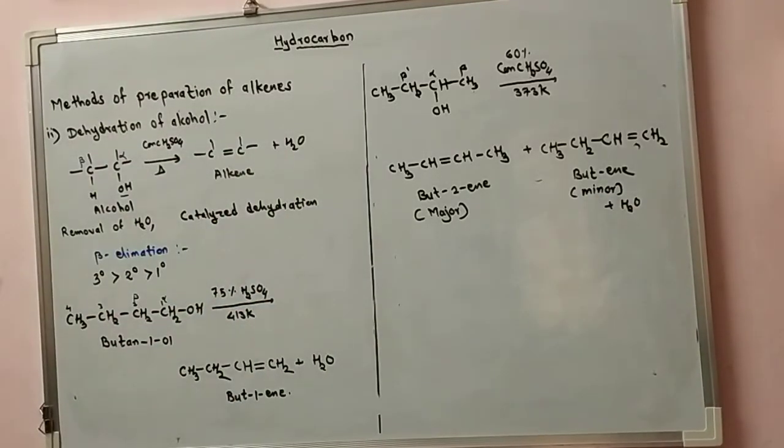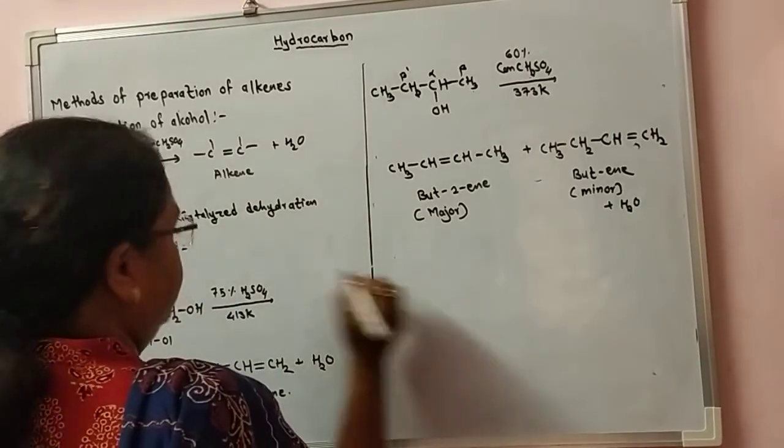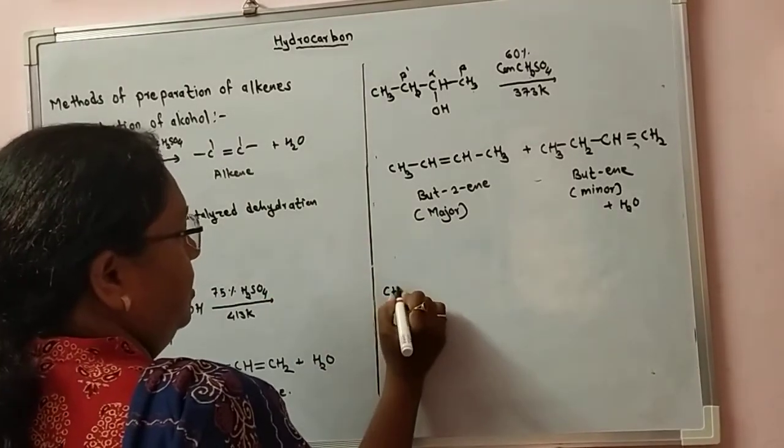Now if we take the next example, tertiary butyl alcohol. Let's write this, which is more reactive. We have just seen the reactivity order.